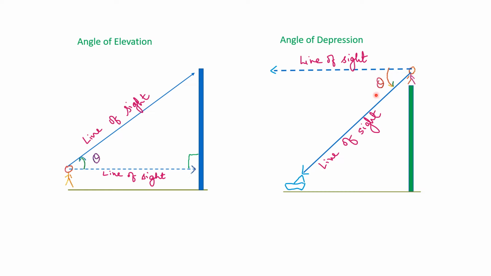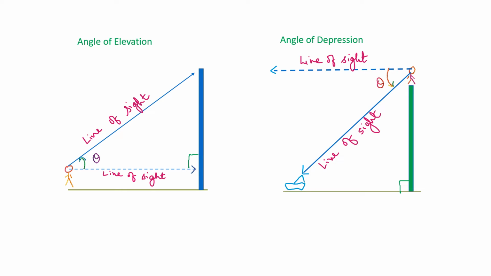That is, your angle of depression is the angle between the original line of sight and the new line of sight. Again, over here, if you observe, there is a right angle triangle formed, where your lighthouse is the vertical, your sea is the horizontal, and your line of sight becomes the hypotenuse.